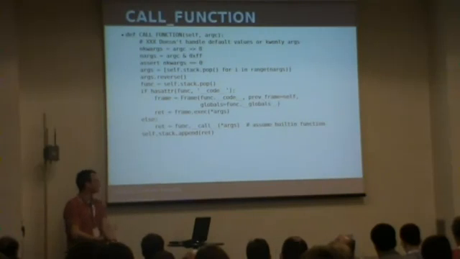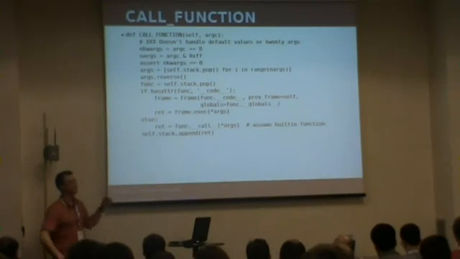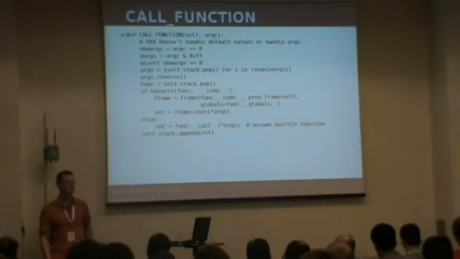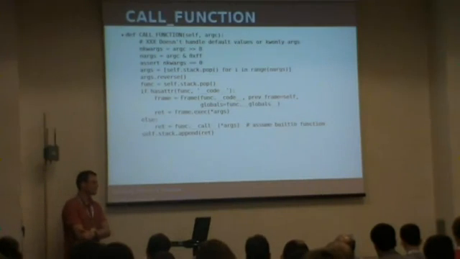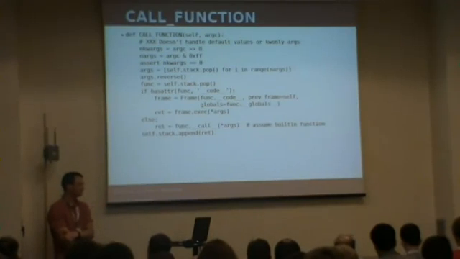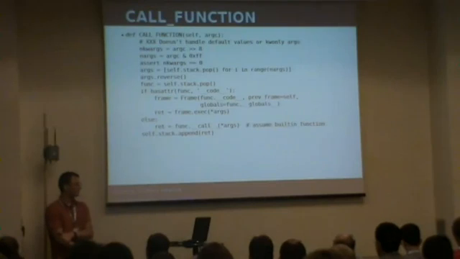And then the next thing is you need to differentiate user functions and built-in functions. Built-in functions won't have a code attribute, so I'm checking whether it's a user function using that attribute. If it is, I know I can create a frame again, which I'm using to execute it.